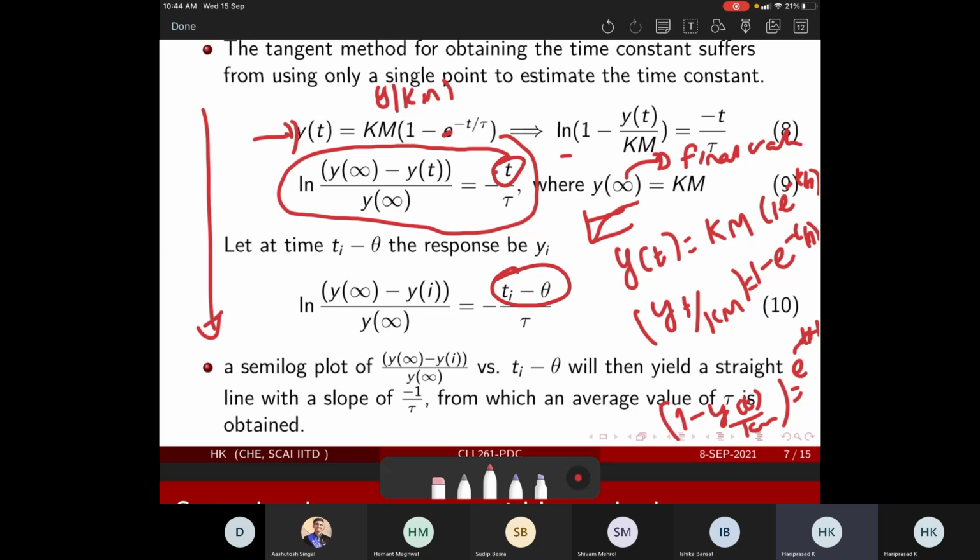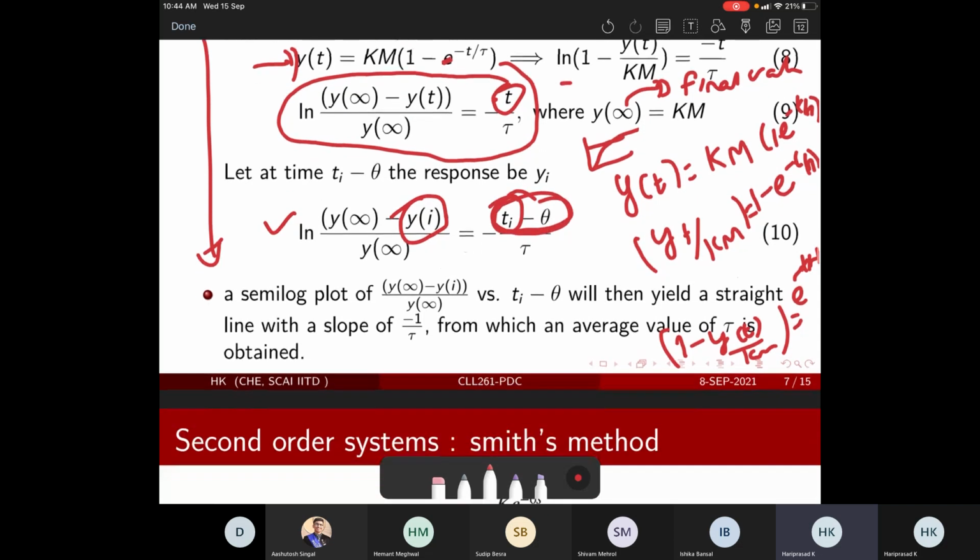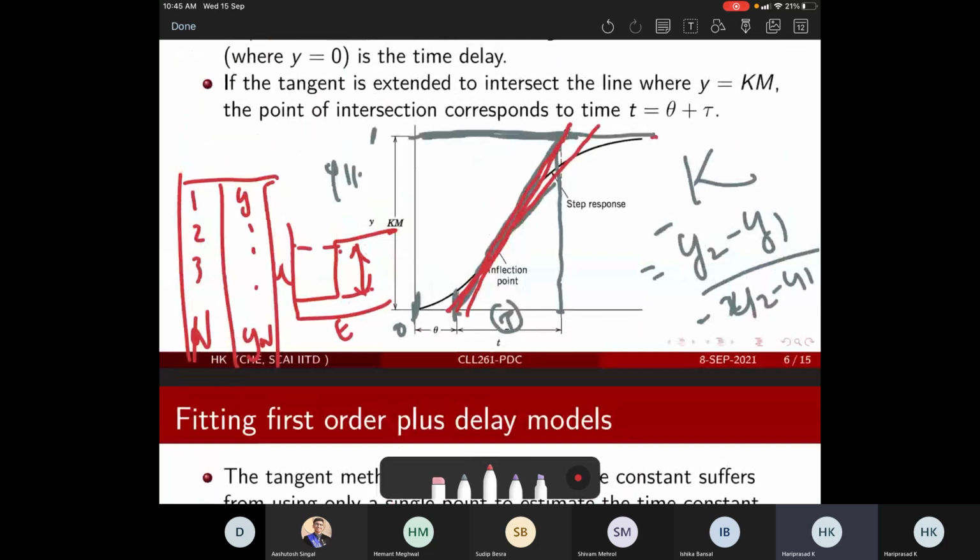So if you plot y and t_i, when you plug in each of these and compute this versus t minus theta, it could be a semi-log plot or a simple plot wherein you calculate ln of this. What you will get is the slope as minus 1 by tau. This is another way of doing it. So there are multiple ways.